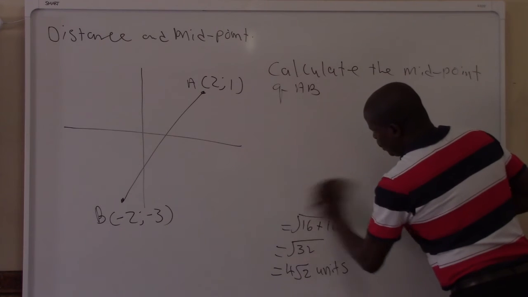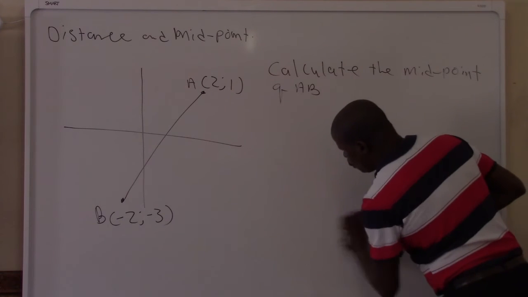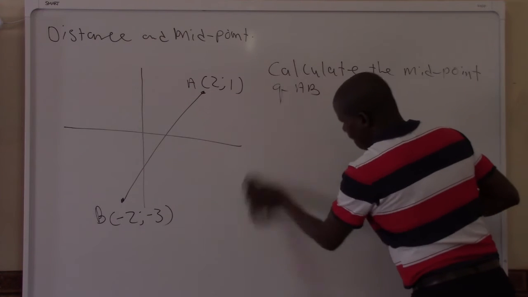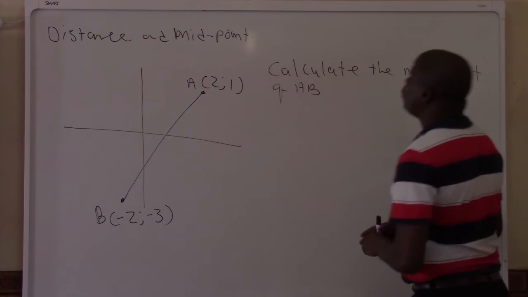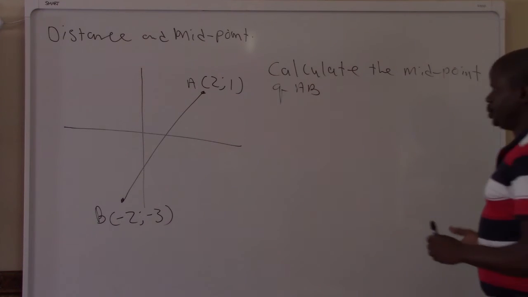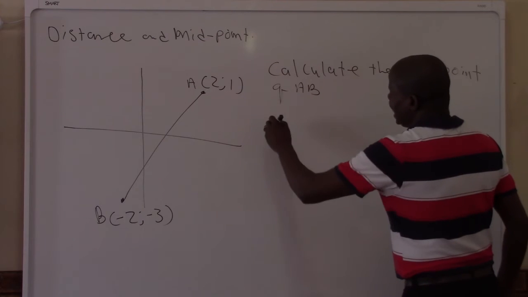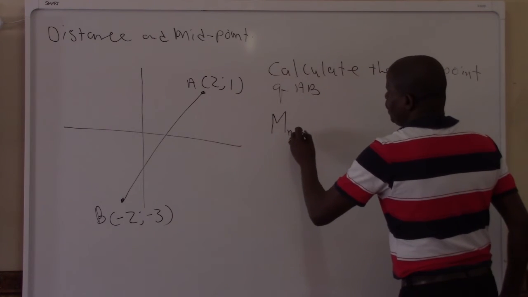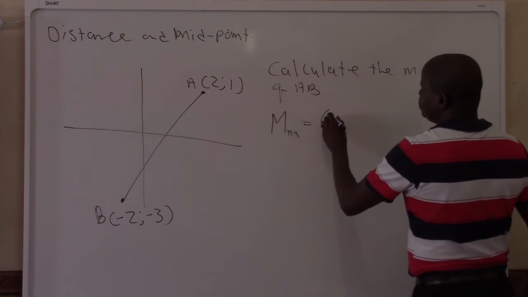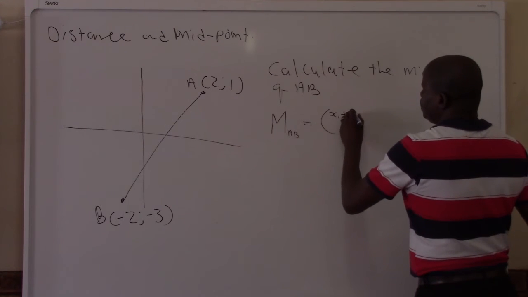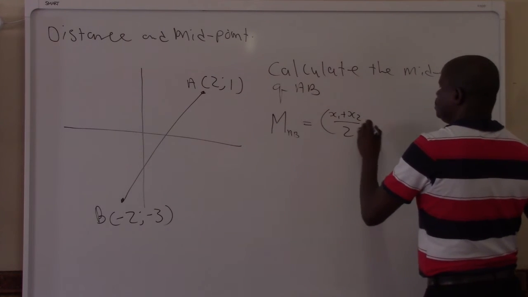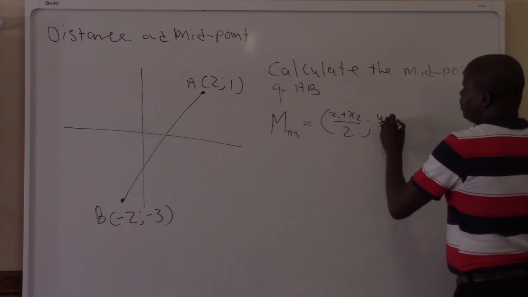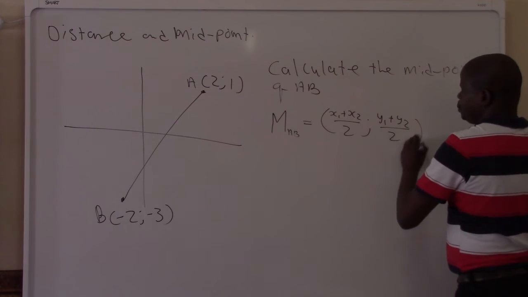The midpoint has its own equation, whereby again we will say capital letter M of AB is equal to x1 plus x2, and then y1 plus y2.